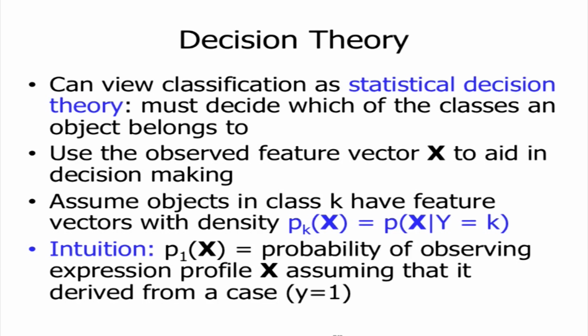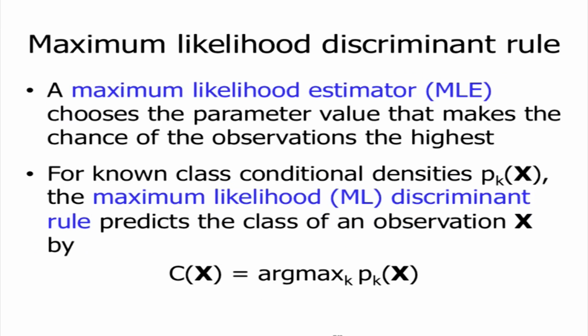So let's say I have the gene expression data from a cancer subject, and then I need to decide, are they a high-risk patient or a low-risk patient? Then what I do is I calculate the probability of observing the gene expression data assuming that they are a high-risk person. And let's say the probability is 0.8. Similarly, the probability of observing these gene expression data, assuming that they are a low-risk patient, is 0.2.